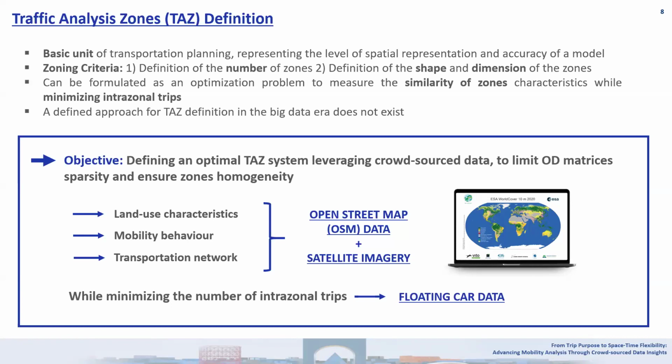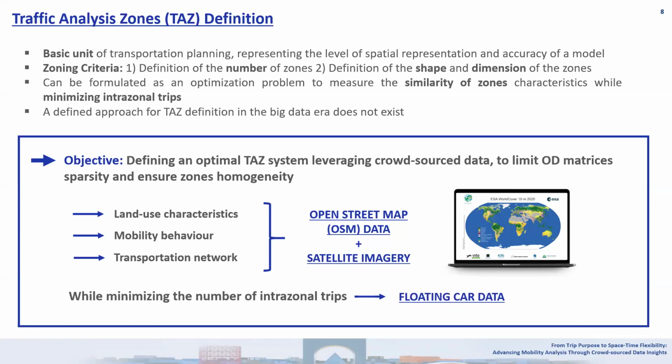And we added a few more open data sources, which I will go into soon, in order to put together a model that allows us to define an optimal traffic analysis zoning system, which leverages crowdsourced data and uses land use characteristics, mobility behavior characteristics, and features of the transportation networks.